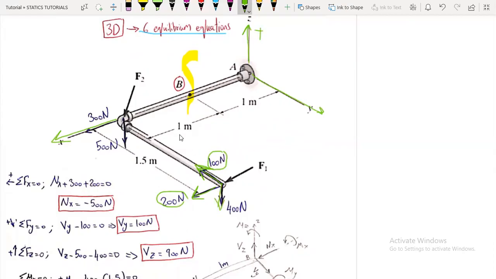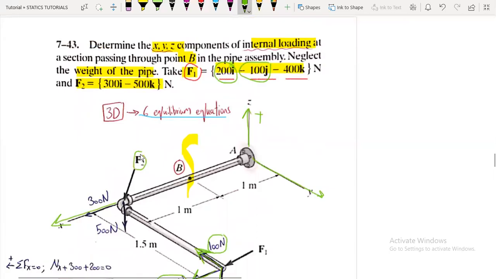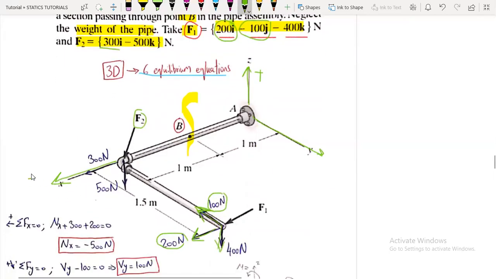Negative 400. Now regarding force F2, I have 300 i hat. So here's the positive x-axis. So here it is 300 newtons in the x direction, and 0 of the y component. But regarding the k hat, z direction, it is minus 500. So it is acting downwards, having a value of 500 newtons.